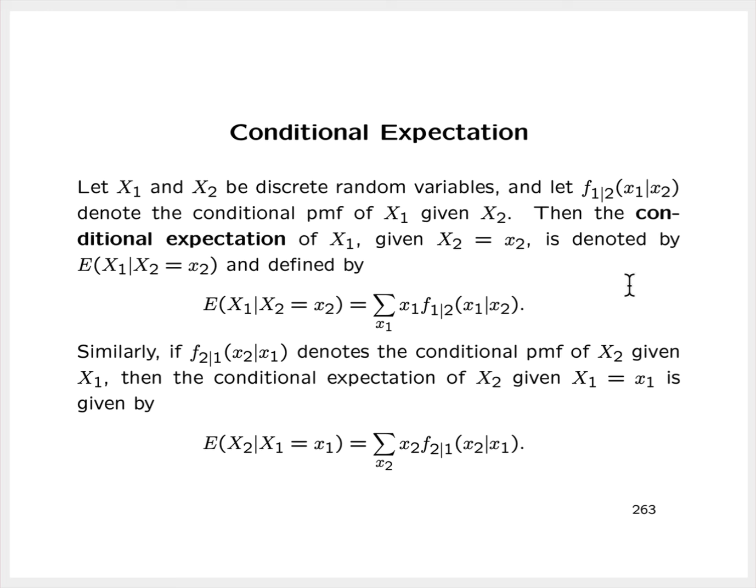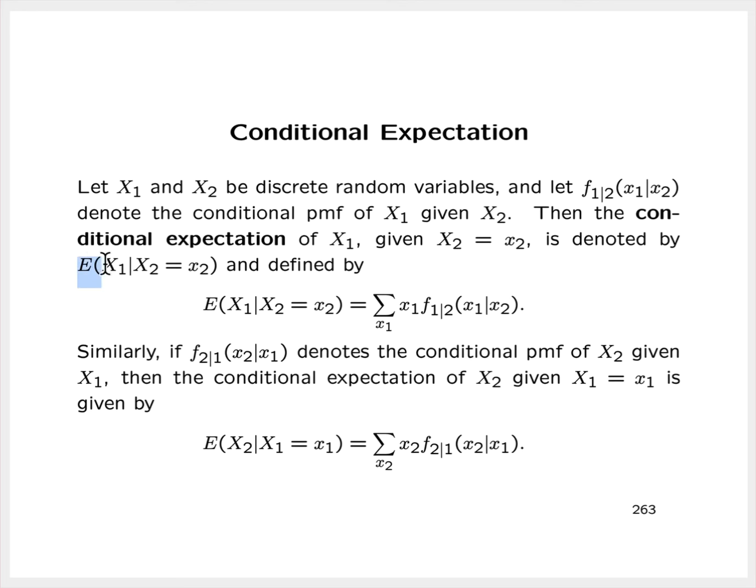Then the conditional expectation of x1, given that x2 is equal to the specified value x2, is denoted in the following way. Now, we do have to have a slightly different notation for this type of expectation, just to help remind us that we're talking about the expectation associated with a conditional distribution.